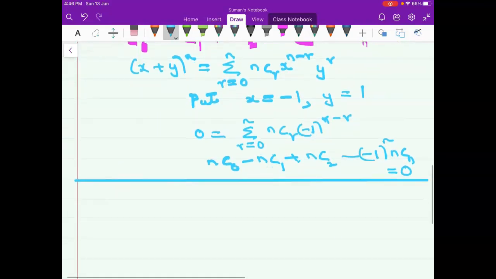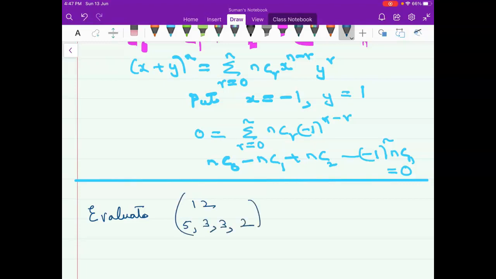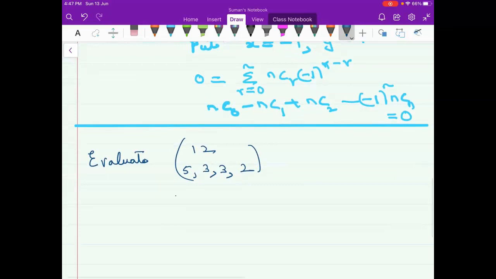Now coming to a simple problem, evaluate 12C 5 3 3 2. So if we were to use the property, this would be 12 factorial by 5 factorial into 3 factorial into 3 factorial into 2 factorial.